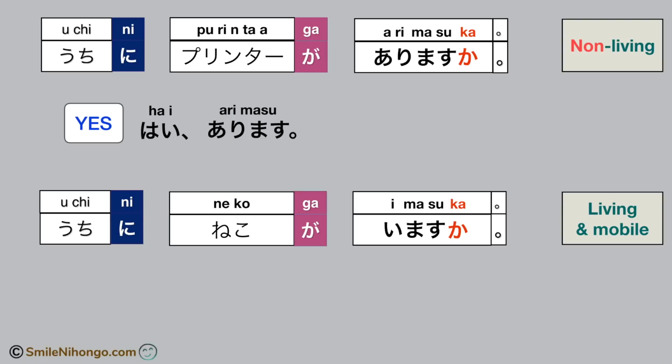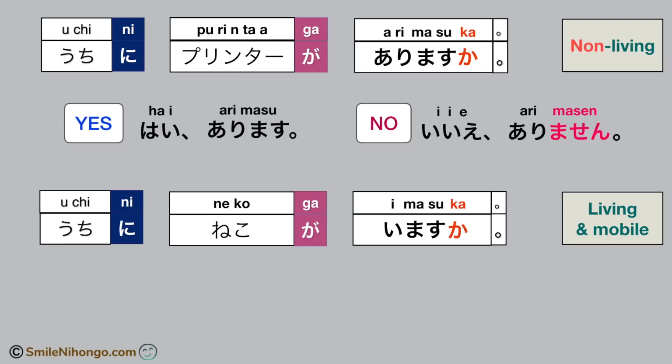To answer no, you respond with the negative. いいえ、ありません。Likewise, do you have a cat at home is うちに猫がいますか？To answer yes, you say はい、います。It's not はい、あります because the question is asking you about an animal with いますか?